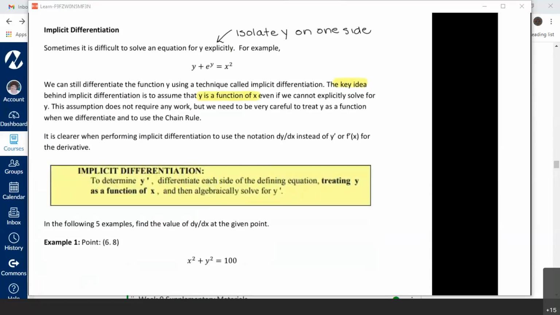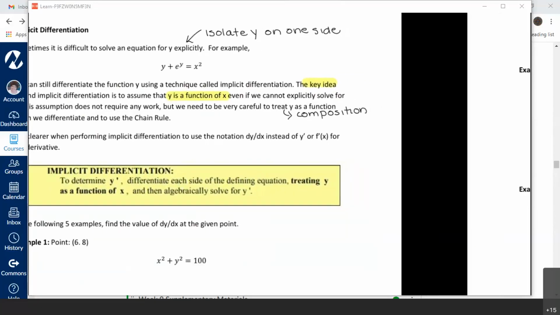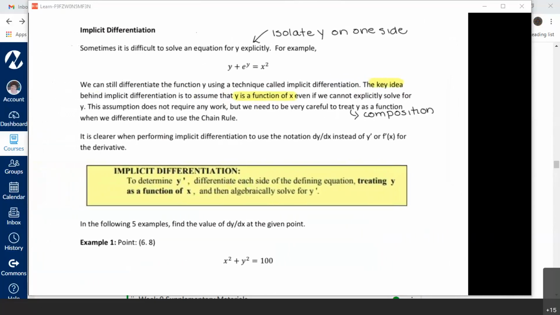You've got the y term, which might have a coefficient or an exponent on it, and then you've got the function of x that's inside y. So that's a composition of two functions: whatever the y outside looks like, and then whatever that inside function is.